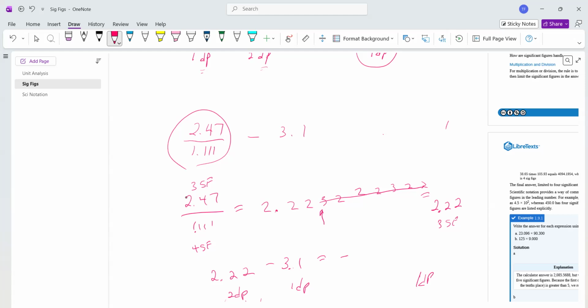That's going to be minus 0.88. Our answer is going to be 1 decimal place because of this guy here. So we're going to take the second decimal place. That's going to kick the first 8 up to a 9. So that's our answer. Minus 0.9.